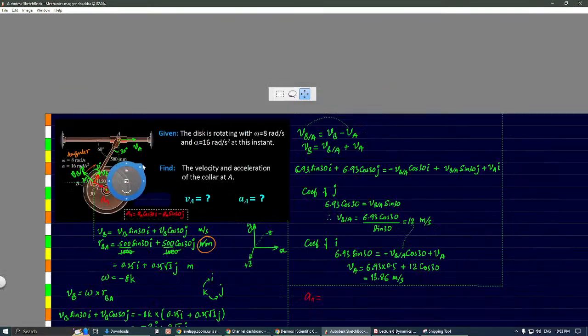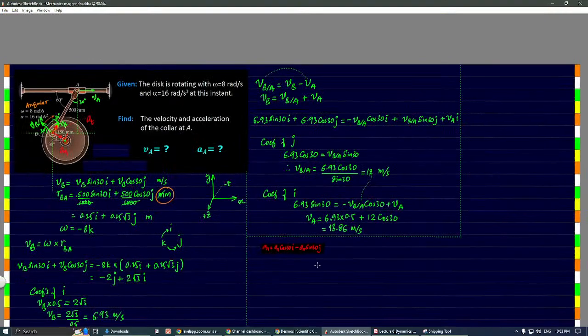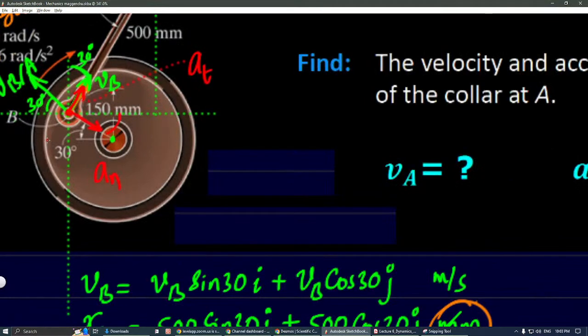This value, let's take it here. In the same way, we have to write for AT. AT is acting upwards. Its angle is 30 degrees with vertical. So AT horizontal component is sine 30, and it is positive.